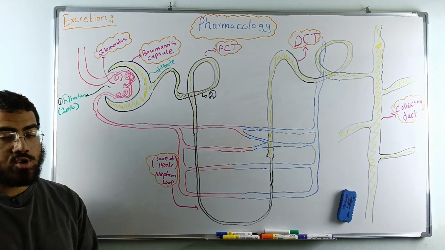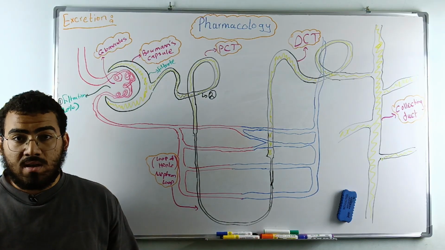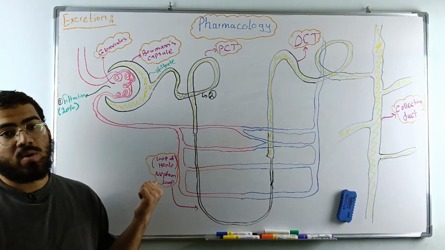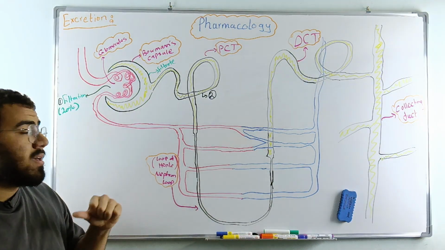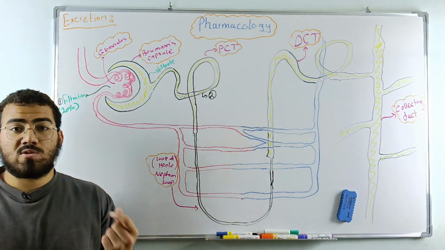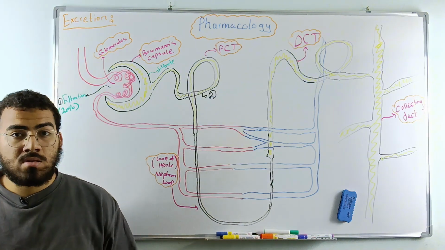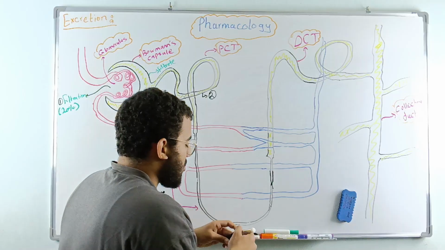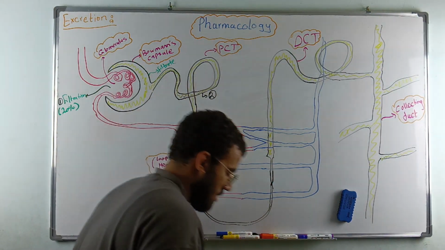So filtration happens mainly to get rid of the things we don't need, the waste, the metabolite products that we discussed in the metabolism of the drugs, for example, and return back the useful substances, like water, some nutrients, and some ions, and all of this we're gonna recap on right now. So that's why reabsorption needs to happen, and it starts in the proximal convoluted tubule.